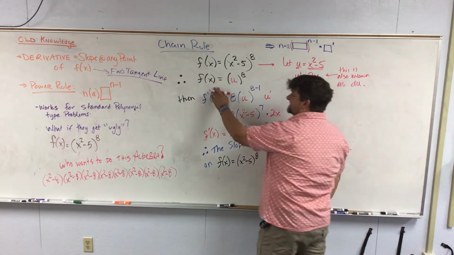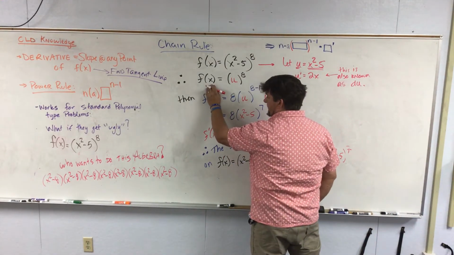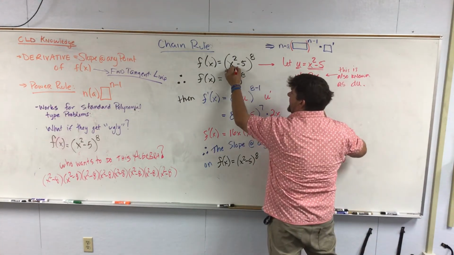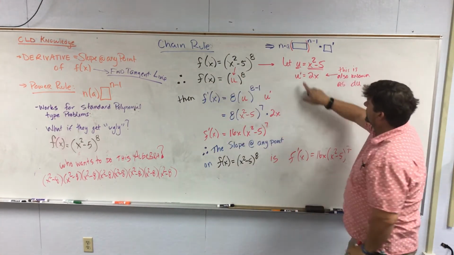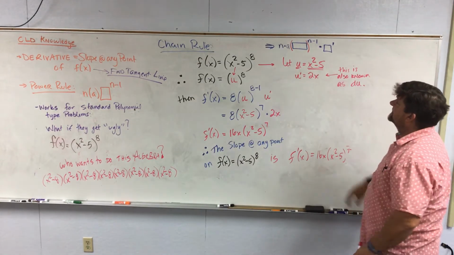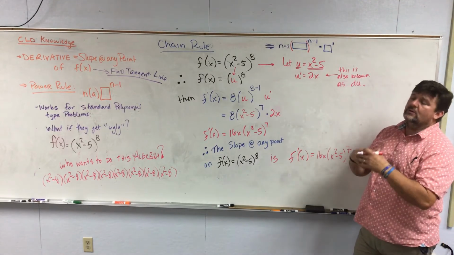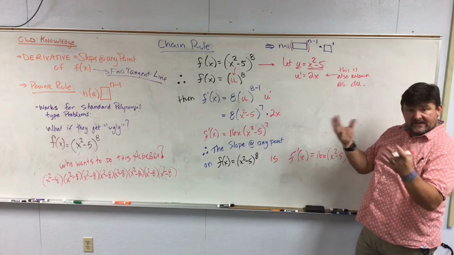So f of x is actually u to the 8th power, because I just substituted what I told it to equal. u equals x squared minus 5. That's what we mean by u substitution. We're using the letter u to interchange things.